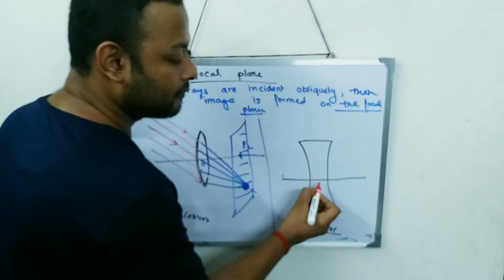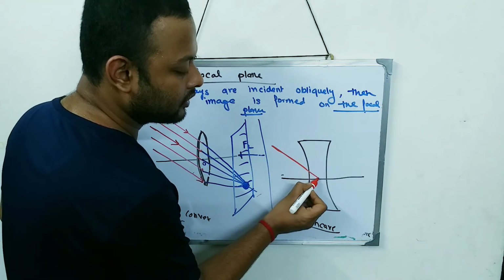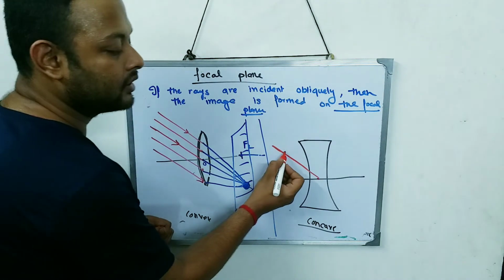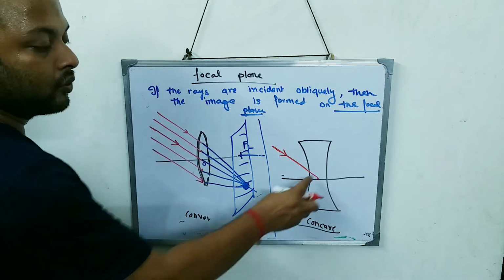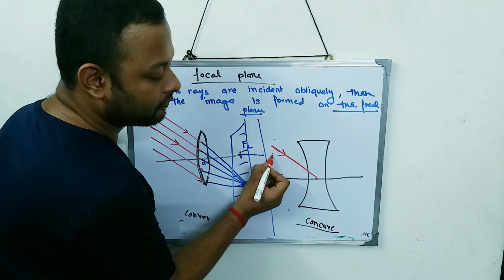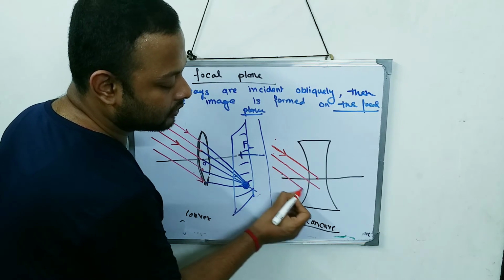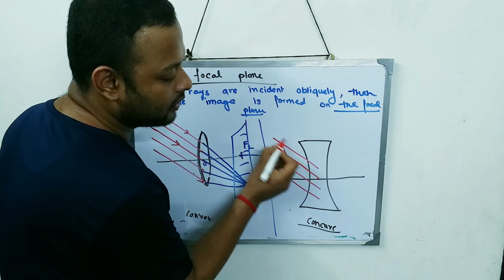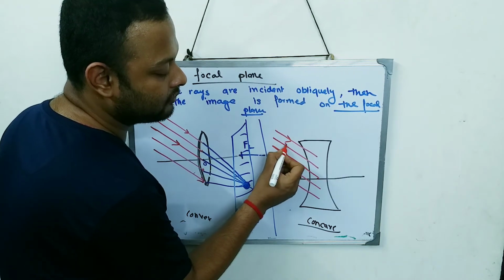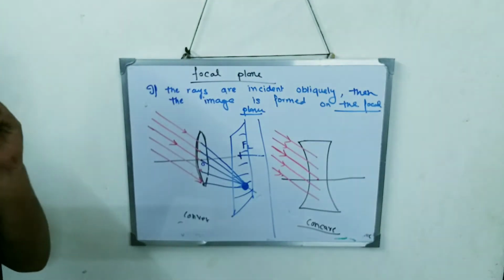See the first ray, it is incident like this, towards the optical center. Now the second one, the third one, the fourth one, and the fifth one, okay? These are the 5 rays which are incident towards the concave lens.